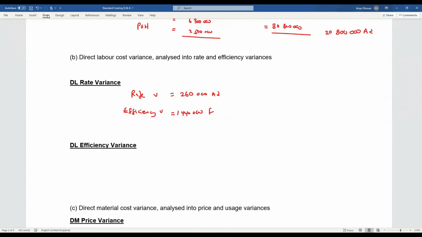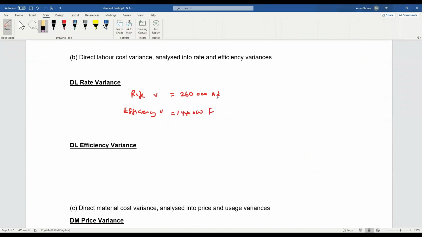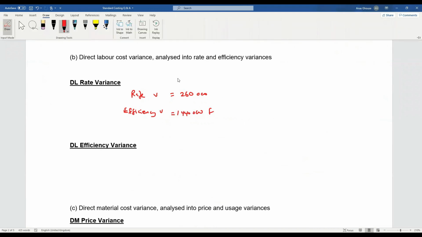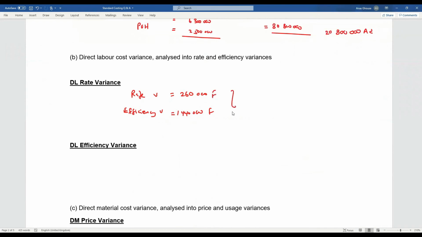So the total labor cost variance will be how much? 1,440,000 plus 260, it should be 1,700,000 favorable. So this should be the favorable variance for the cost variance.